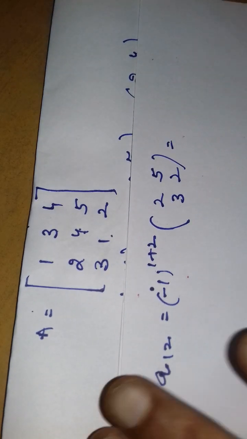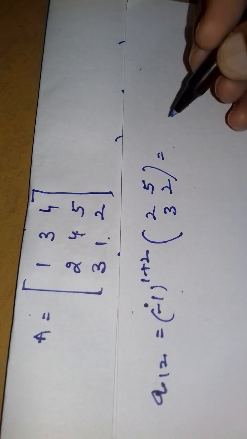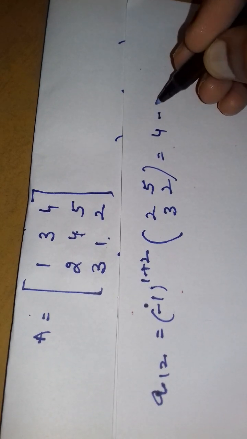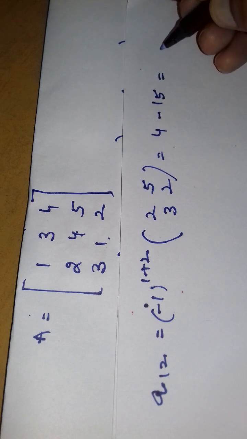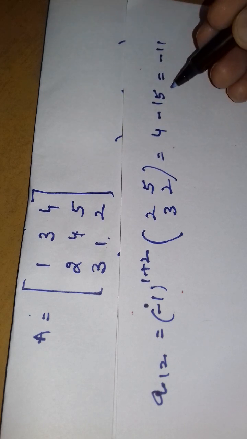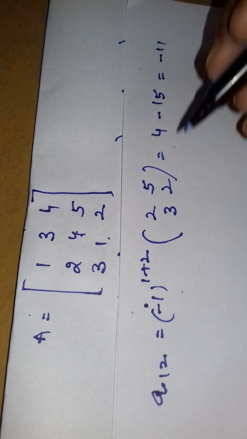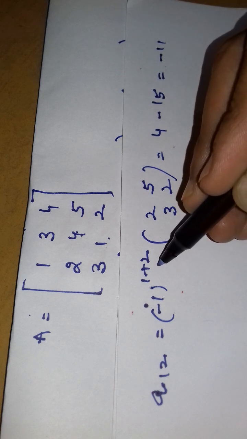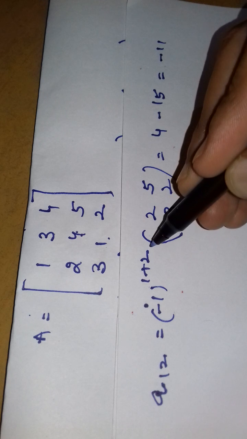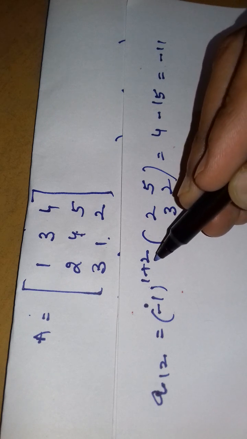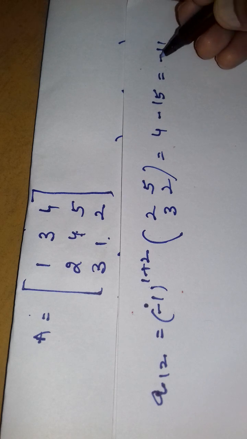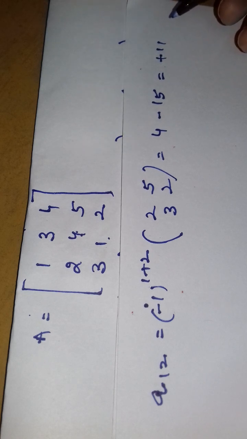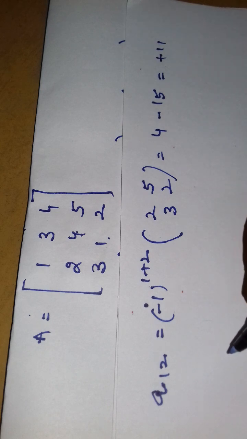Let's solve it. We got the value minus 11. But for cofactors it's 1 plus 2, that is 3, and 3 means minus. Minus minus is plus, so it will be plus 11.